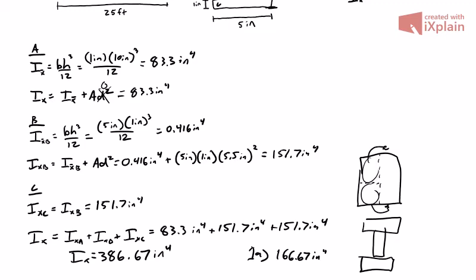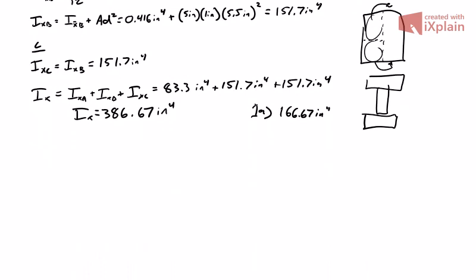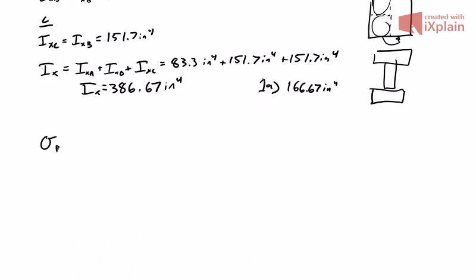So let's see what that does to the bending stress now. Bending stress is equal to maximum moment times C over Ix. Our maximum moment was 937,500 inch-pounds. Our C was 6 inches. Notice as well that from part A to part B, our C got a little bit larger.